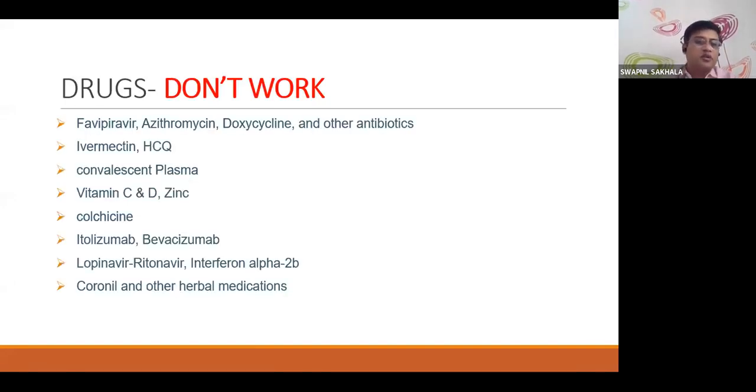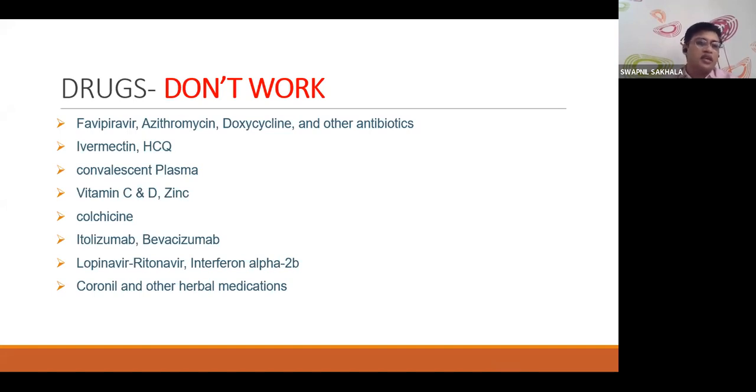But this slide is very important. What does not work is more important than what works. So the pill burden should not be high. What we see that doesn't work at all is Favipiravir, azithromycin, doxycycline, or any other antibiotic. It's a viral infection. Antibiotics have no role unless the patient later develops a secondary bacterial infection.